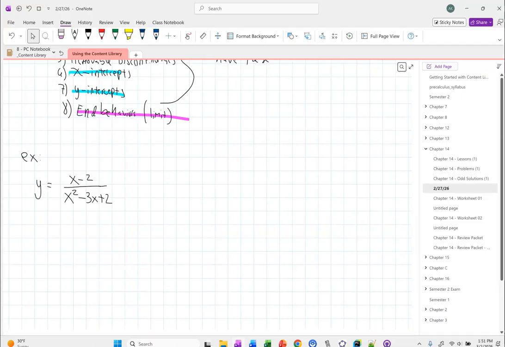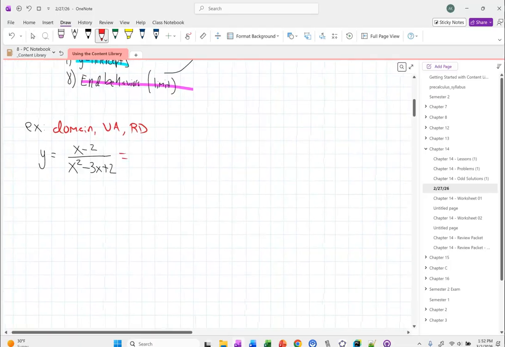For this first example, we're going to be looking for the domain, and then vertical asymptotes and removable discontinuity. On this step, and really for all of these problems, my first step is usually going to be to try to factor this as much as we can. Okay?